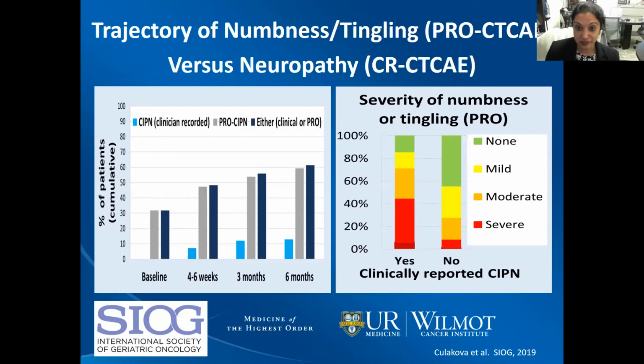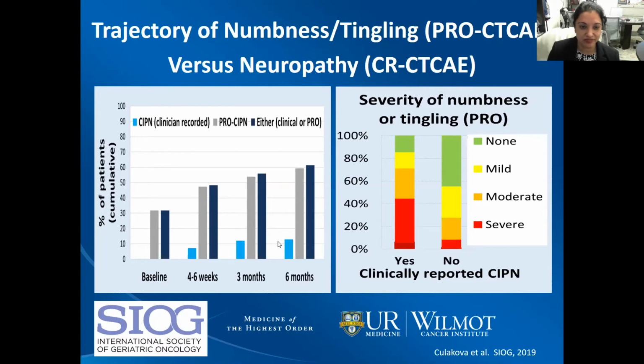Like other investigators before us, we evaluated many of the items in terms of what the clinicians found, clinician-rated AEs, in relationship with what the patients were reporting. This is work by Dr. Cholikova, who is our lead statistician at the URCC NCORP research base. She presented this at one of my favorite meetings, SIOG, the International Society of Geriatric Oncology, and showed that clinicians did not identify as many symptoms of neuropathy, which is this dark bright blue here, as what patients reported, which is this gray line.